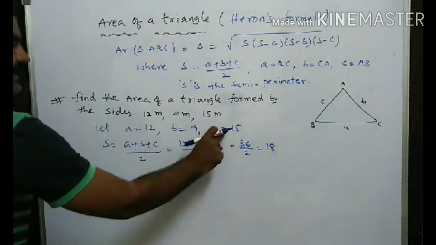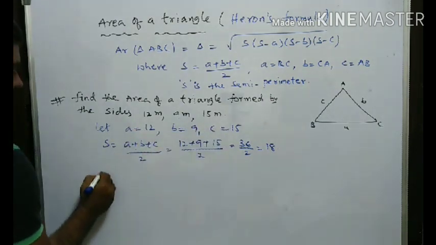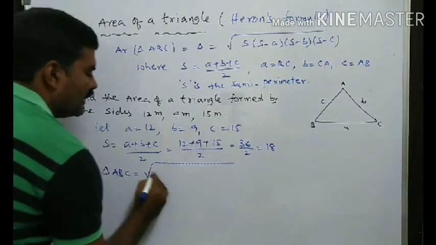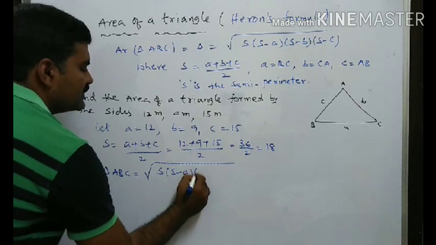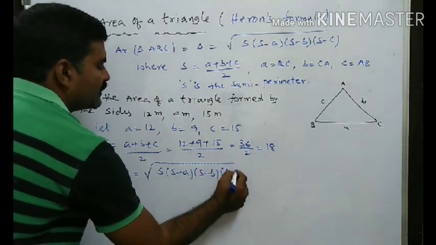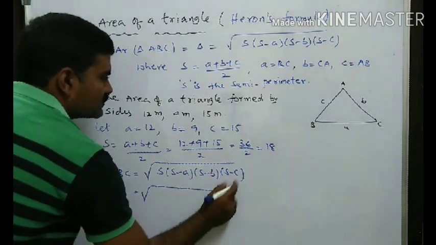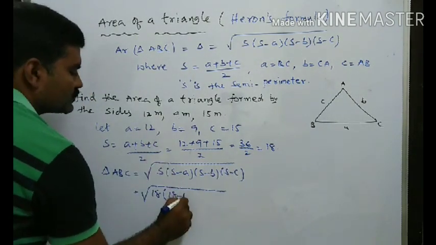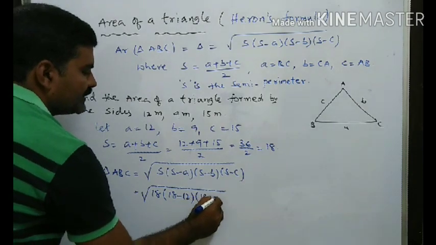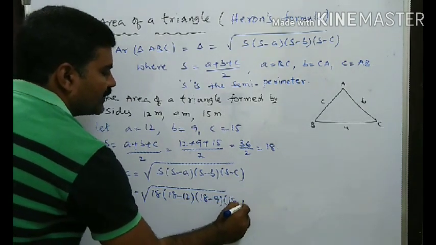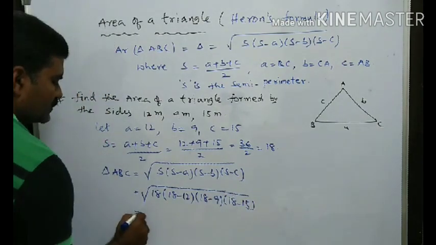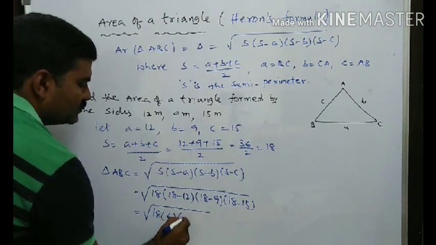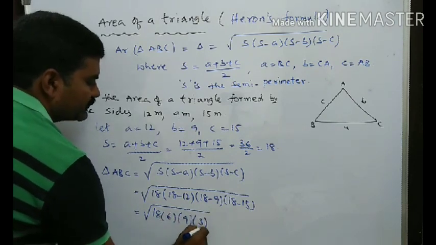So we know the sides, we know S also, hence area of the triangle is equal to under root of S into S minus A into S minus B into S minus C. So S is 18 into 18 minus 12 into 18 minus 9 into 18 minus 15, which is square root of 18 into 6 into 9 into 3.